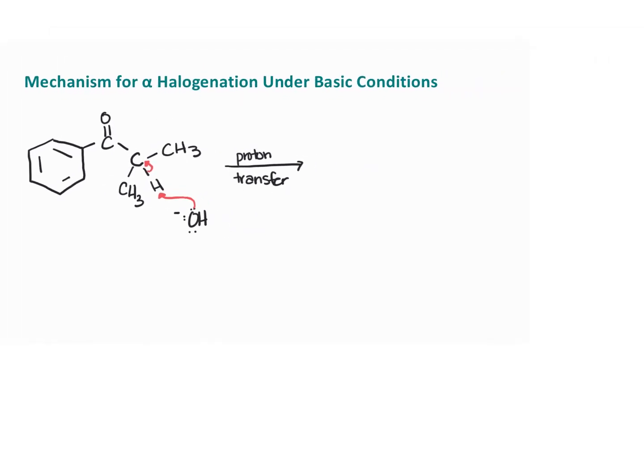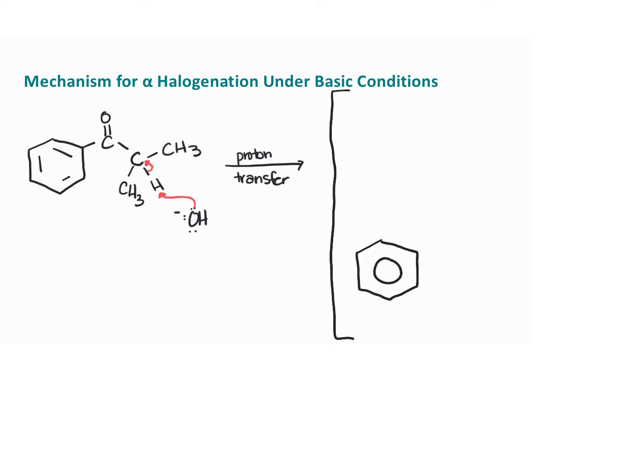Now, one of the things to know is that it forms an enolate ion, and the enolate ion is resonance stabilized. We can show the two resonance structures by using brackets. Your book does this. I'm going to just use a circle because I'm lazy for benzene rings. You can too. Feel free to embrace that.